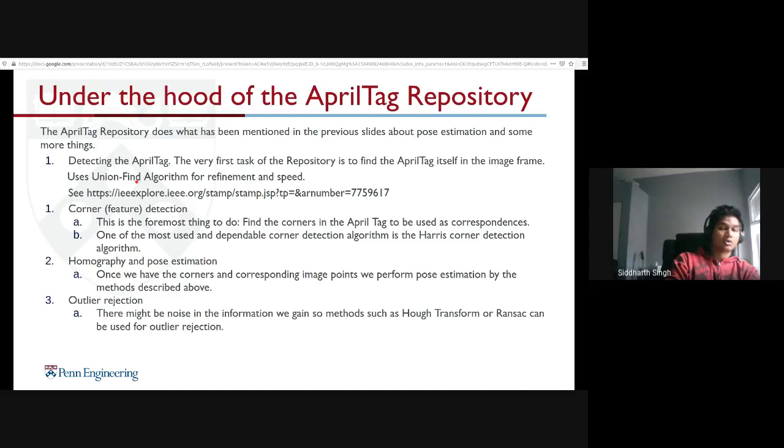The corners act as the features or the points of the world, using things like Harris corner detection. And once you have the corners and the correspondences, you calculate the homography and estimate the pose. And once you have estimated the pose, you do things like Hough transform or RANSAC to perform outlier rejection.